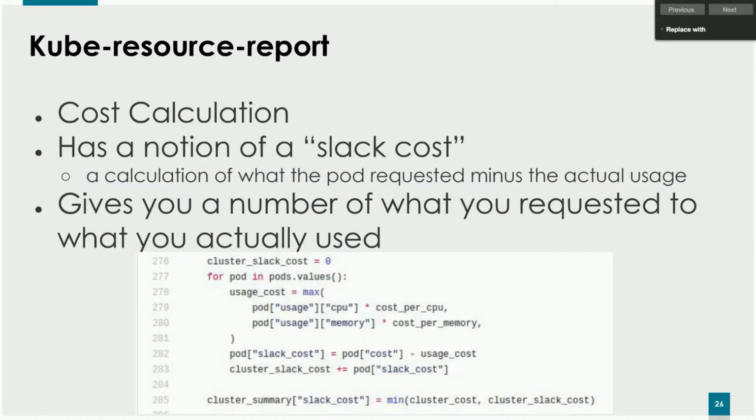All right. And then Coop State Report also gives you this interesting metric called slack. The slack cost is the amount of CPU and memory that you have requested minus the actual usage of your CPU or memory. So that gives you the difference in what you're actually not using. This is an interesting number because let's say I've requested 4 CPUs and the thing is actually only using 1 at any given moment.